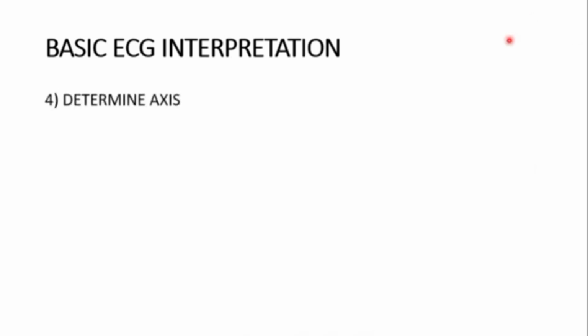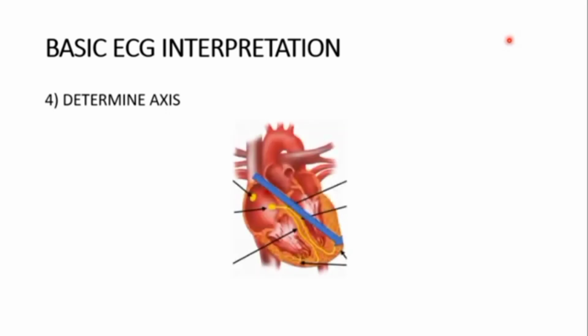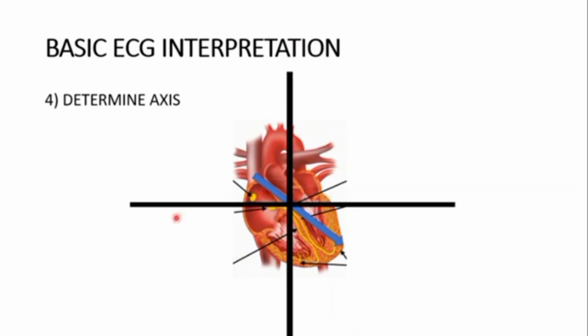Next, we should determine the axis. We have the heart rate, the rhythm, and the intervals. Now let's see the axis. This is the heart, and this is the direction through which the current normally passes. Let's draw the x-axis and y-axis.